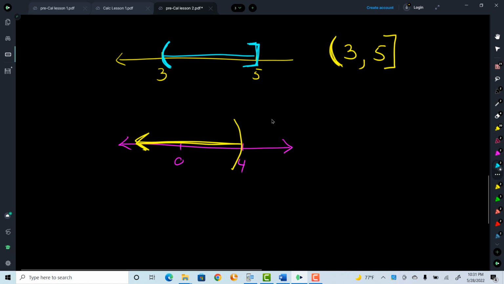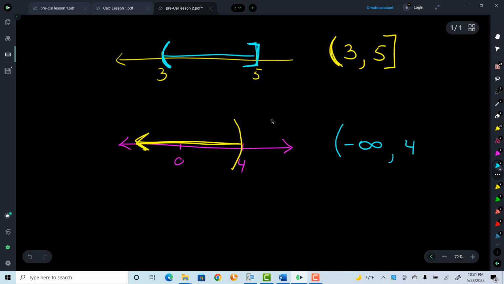Well, it's actually pretty easy when you look at the bracket and the arrows, right? We're going to go from -infinity, because it's going from 4 and then everything below it, comma 4. I do not include the 4, so I'm going to use a parenthesis. So everything from 4 and below.